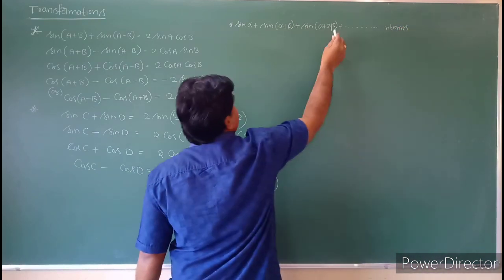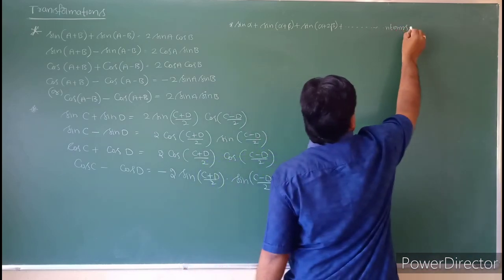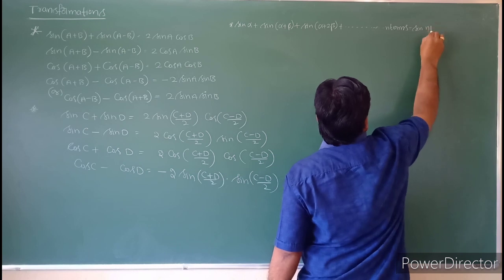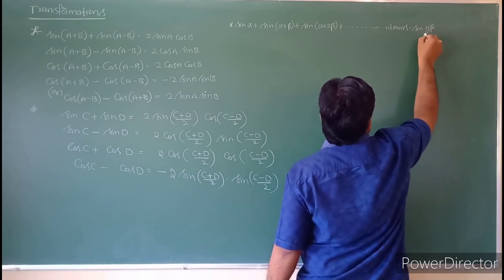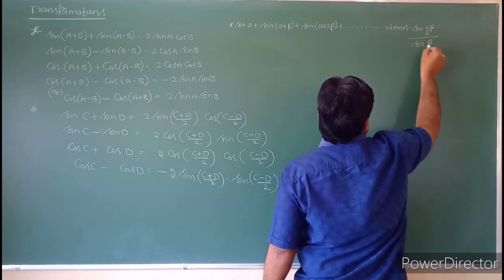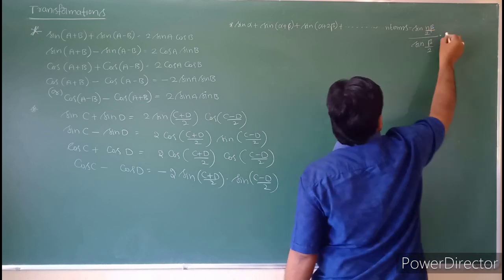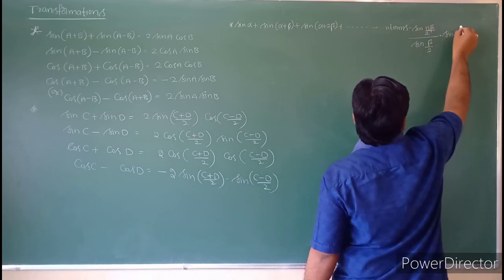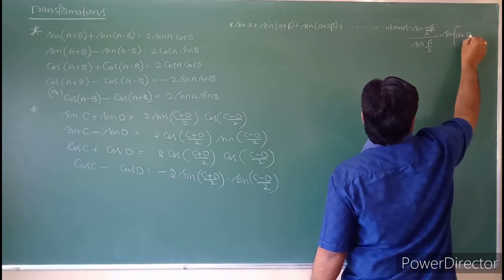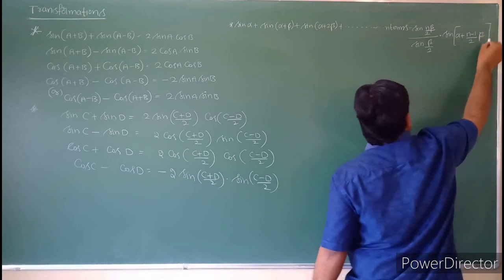The sum of these terms is equal to sin(n beta/2) divided by sin(beta/2), into sin(alpha + (n-1)/2 times beta).